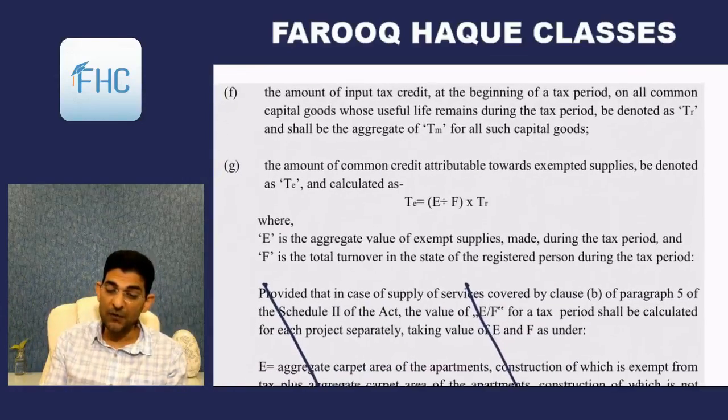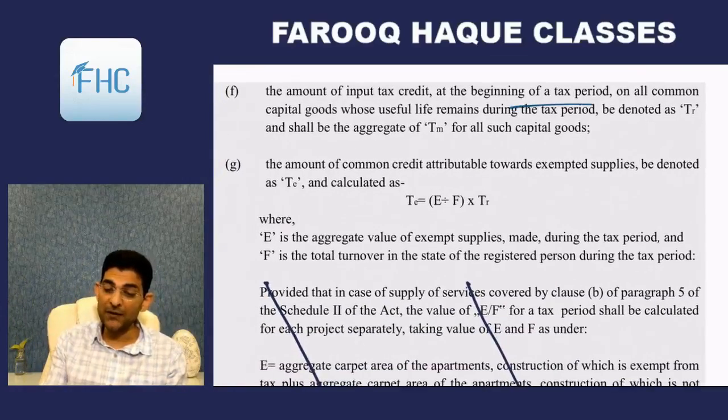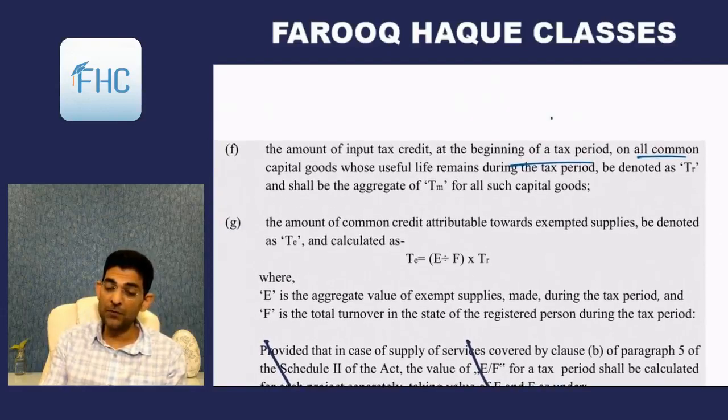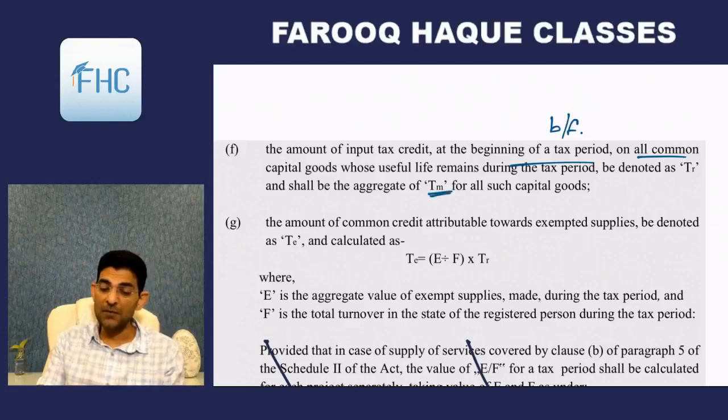Then the amount of input tax credit at the beginning of the tax period on all common capital goods, means brought forward ones, which are brought forward from preceding periods, whose useful life remains during the tax period, shall be denoted as TR and shall be aggregate of TM for all such capital goods. So TM means for every asset there is a TM.